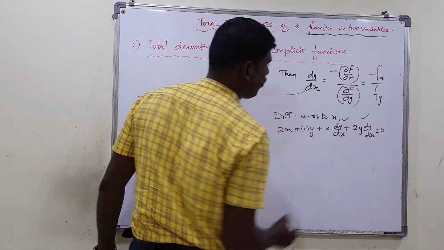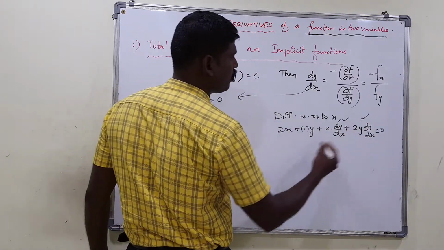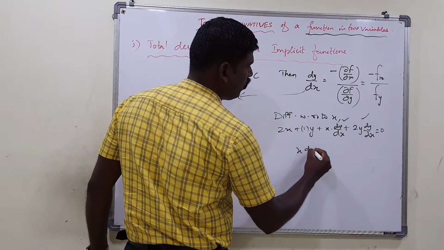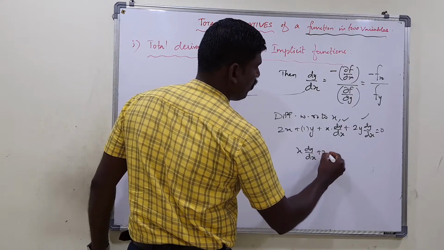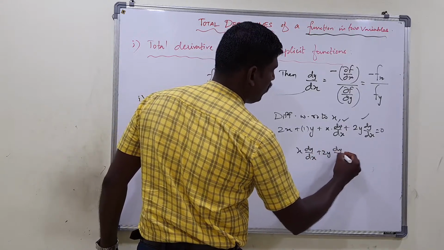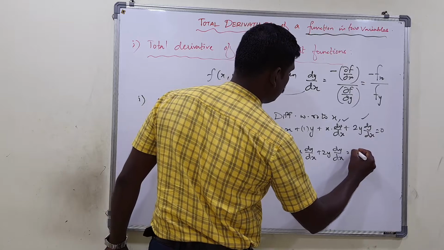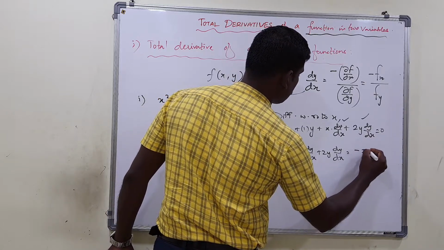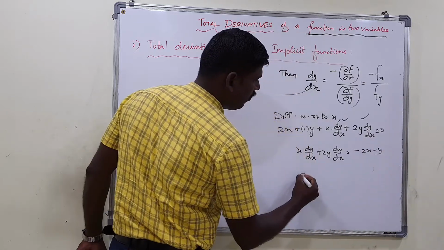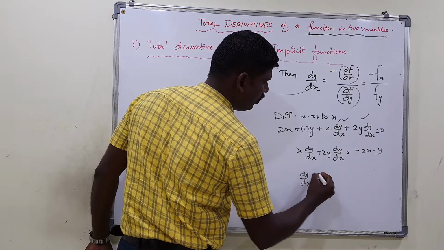So we keep the dy by dx terms on the left hand side and the other terms on the right hand side. So x into dy by dx plus 2y dy by dx is equal to minus 2x minus y. You can take dy by dx as common. What you will get?